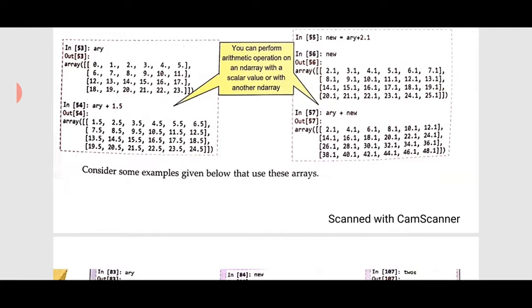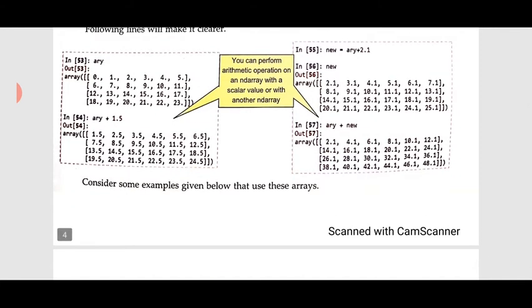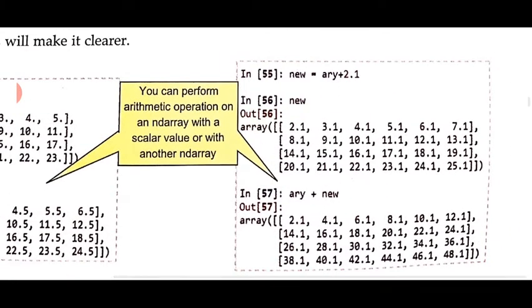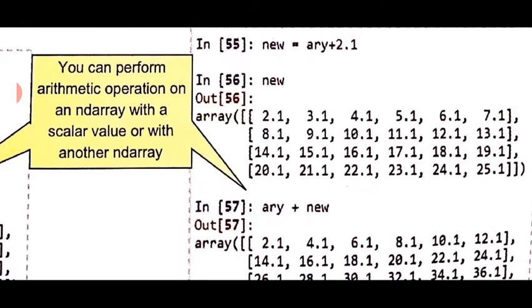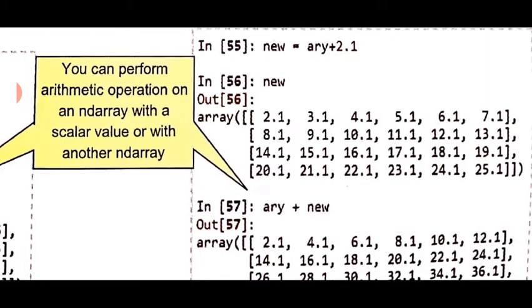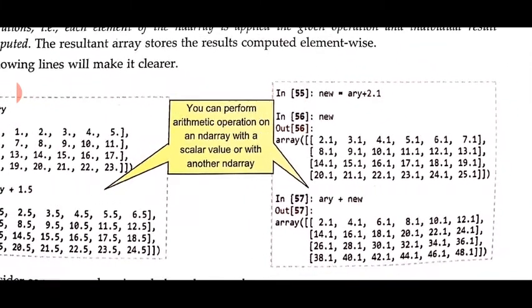No problem. Just see, anew is equal to ary plus 2.1. What we are doing here is that all the elements of ary are increased by 2.1, and the increased values are saved in anew.